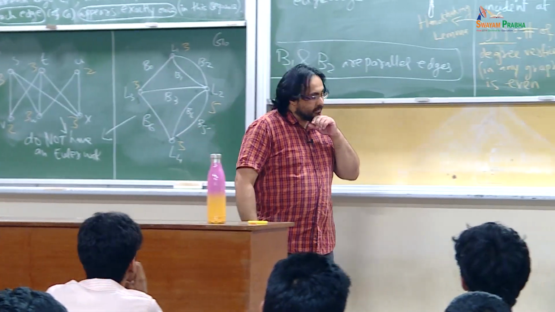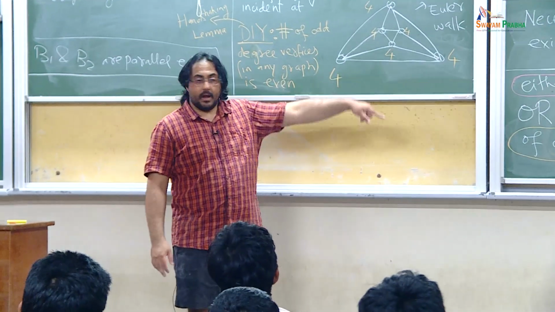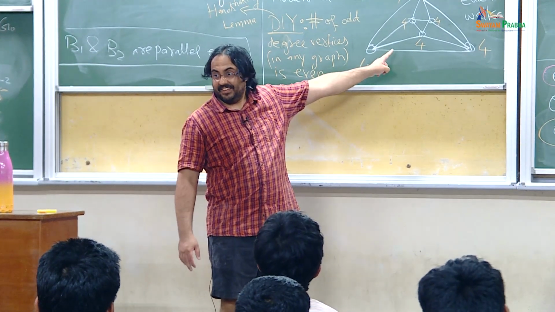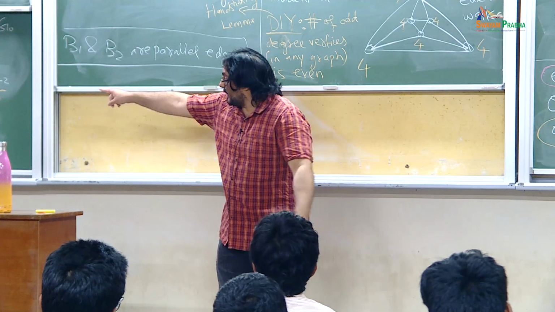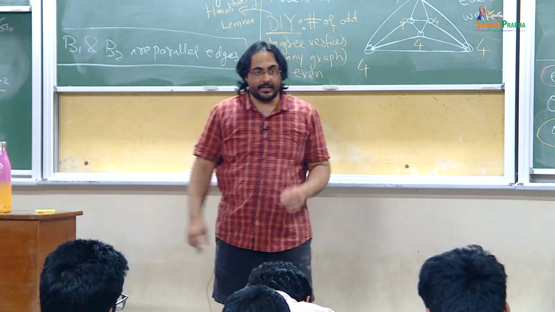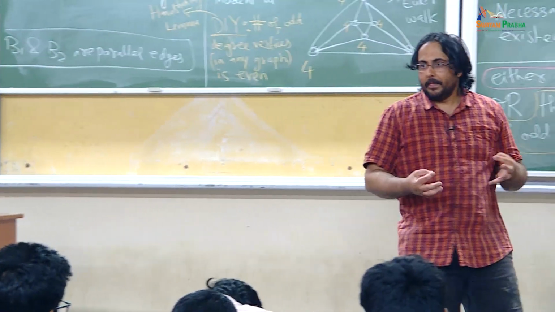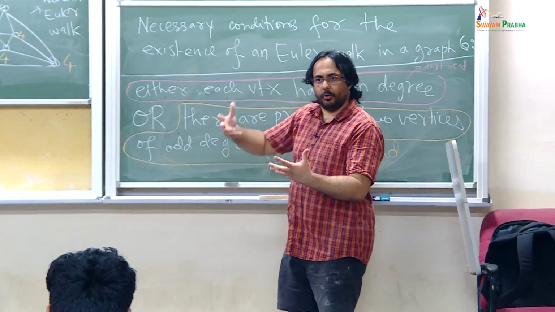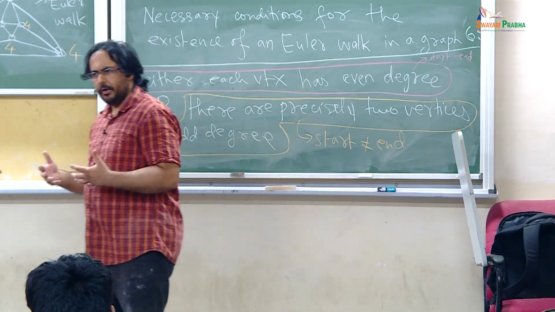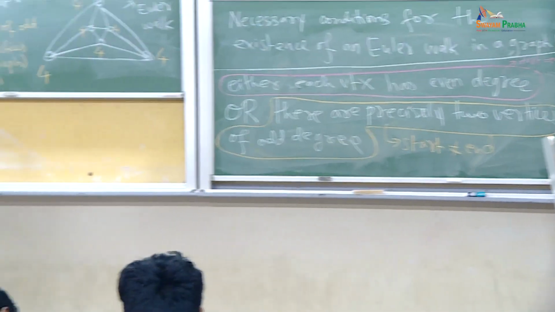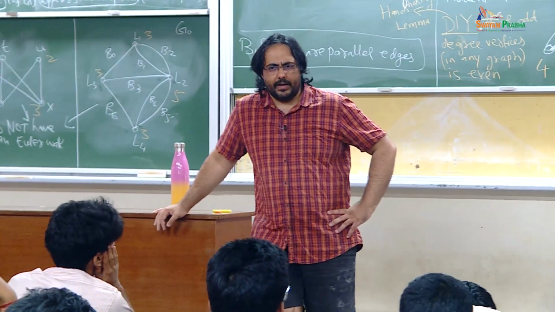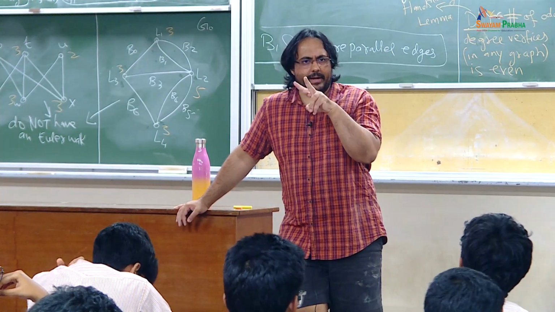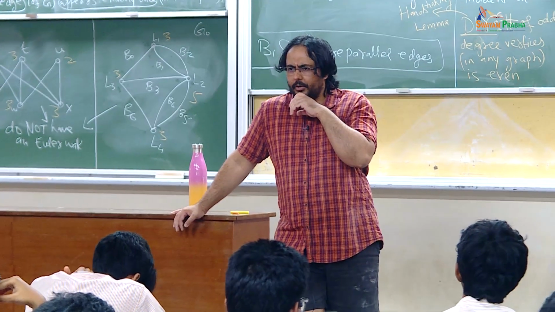But what we have discussed does not actually say that this graph has an Euler tour. It just says that those graphs don't have an Euler tour. We still need to show, if we believe that the opposite is also true, that whenever these conditions hold, there is an Euler tour. Do you all believe this statement? That if every vertex has even degree, or all vertices except 2 have even degree, do you actually think there is an Euler tour?